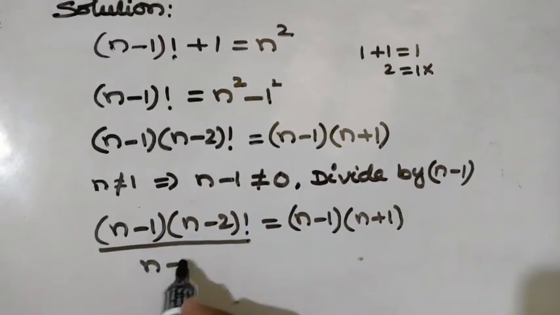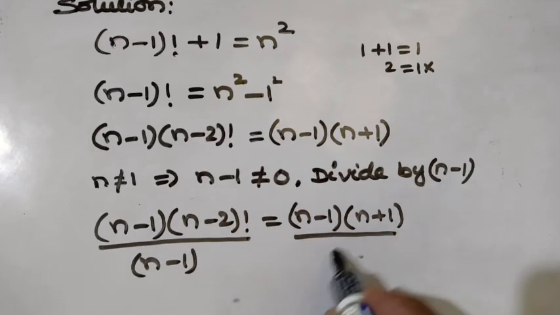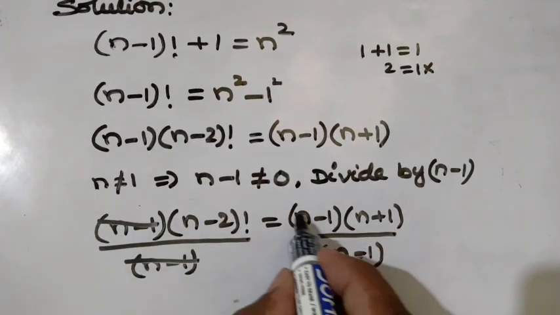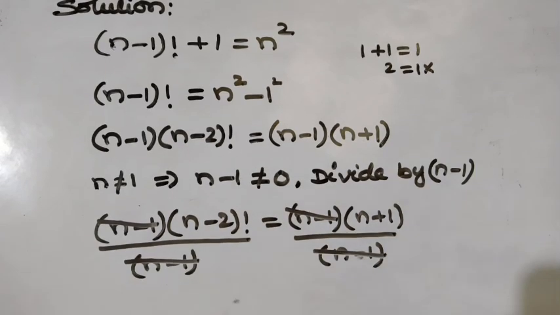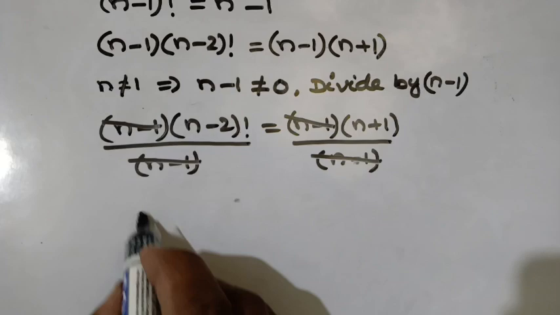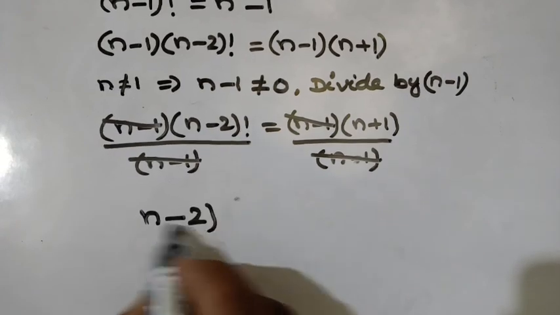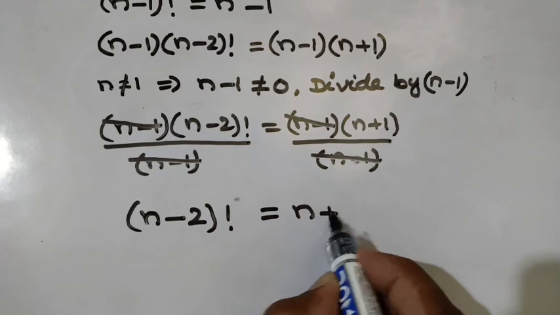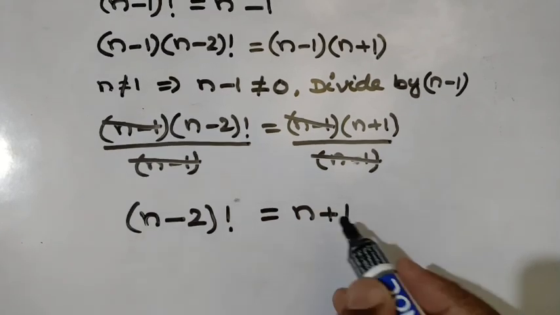Dividing by n − 1 here and here also, we can cancel. So now I have (n − 2)! = n + 1.